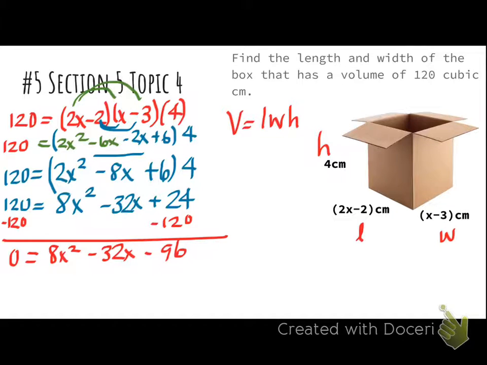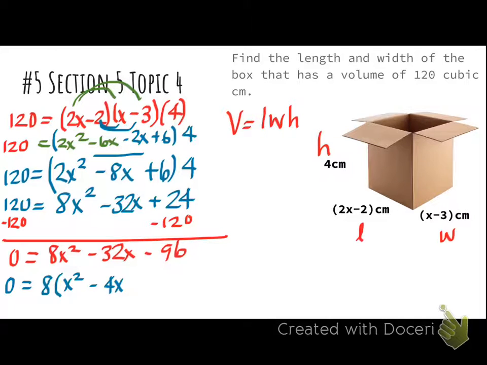Alright, now what we're going to do is we can see here that there's a common factor, so we can actually factor out 8. So 0 is equal to, we're going to factor out 8. If we factor out 8 and 8x squared, we end up with x squared. Negative 32x divided by 8 is negative 4x.